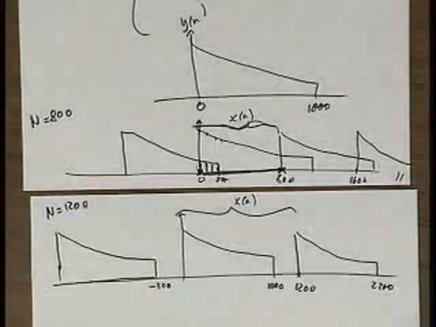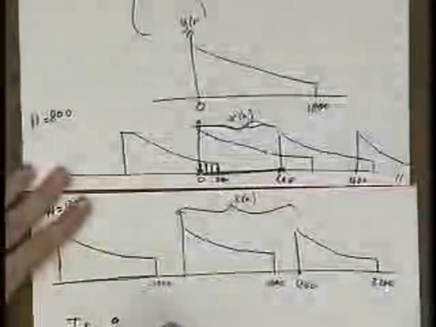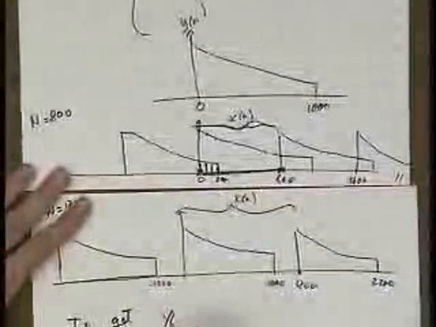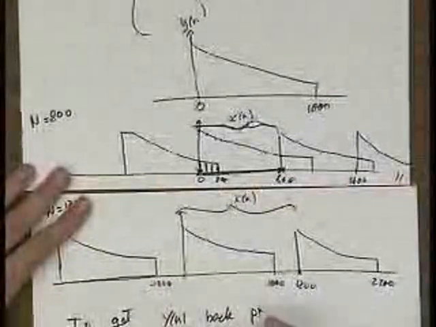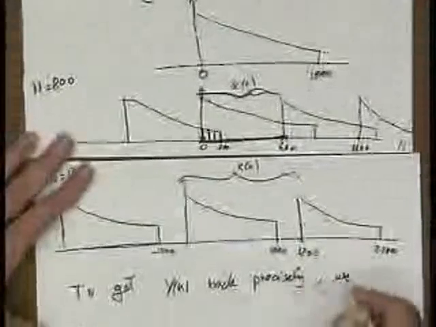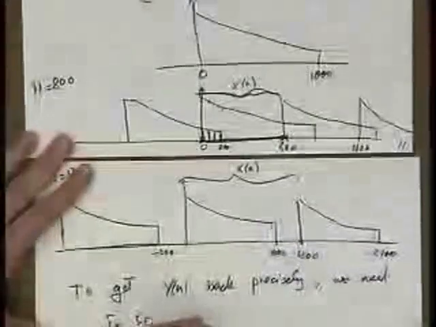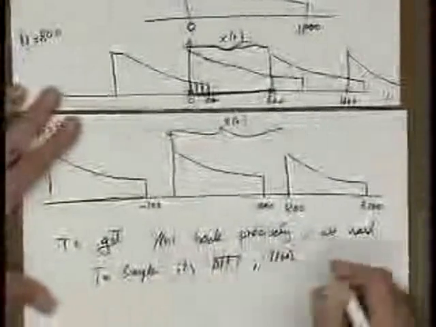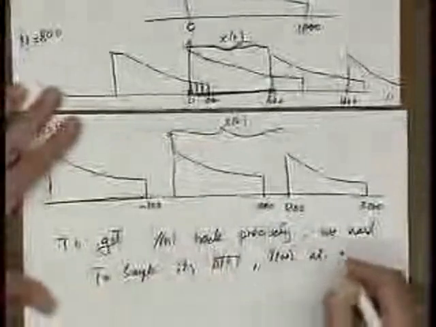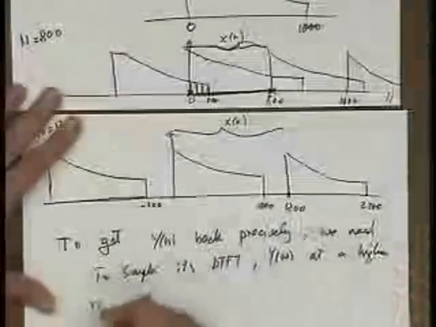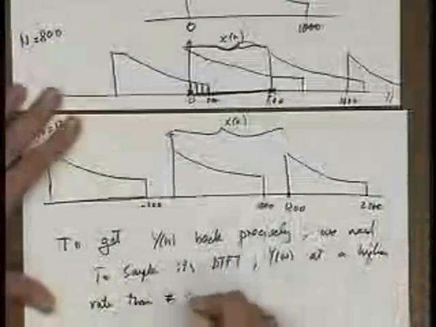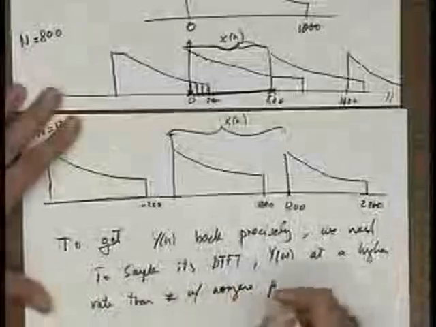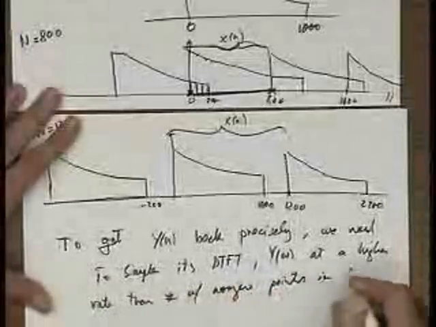So to get y of n back precisely, we need to sample its DTFT, that is y of omega, at a higher rate than the number of non-zero points in y of n.